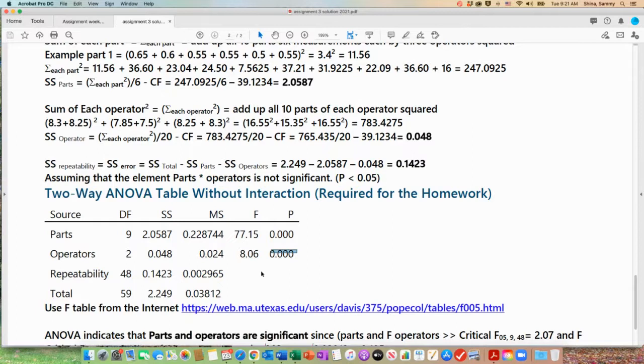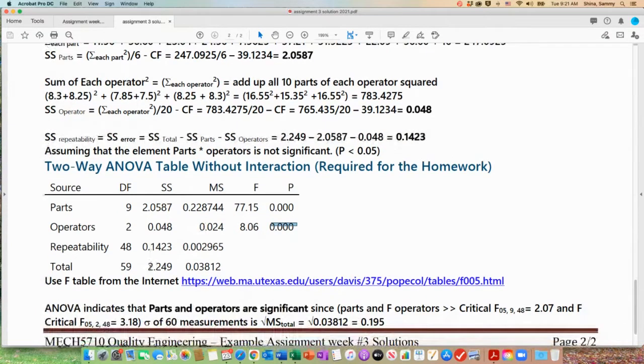The combination of operators and machines makes a difference. That's also very bad. If certain operators with certain machines give you good results, and other operators with other machines give you bad results, then the interaction, if it does show up as significant, is another problem in terms of calibrating the instrument and machines as well.